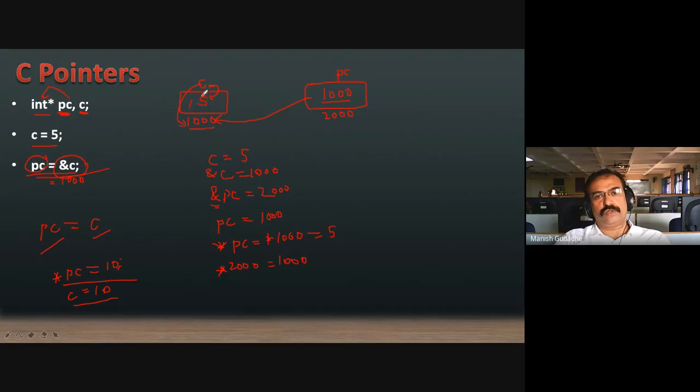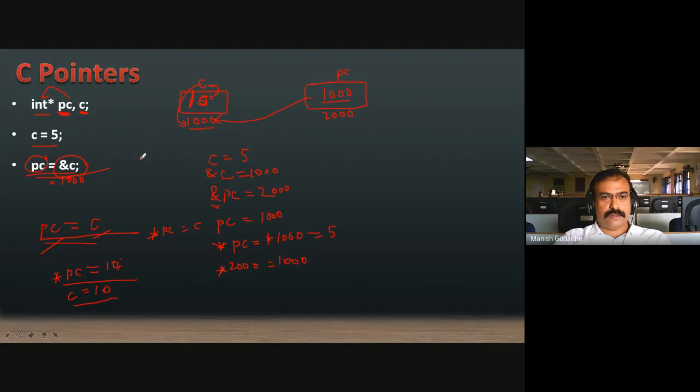So both are going to have the same effect. Both are actually the same. Or I can also say asterisk PC, or value at PC, is C. So this way it is done. But this is not possible because these are two different types of variables.